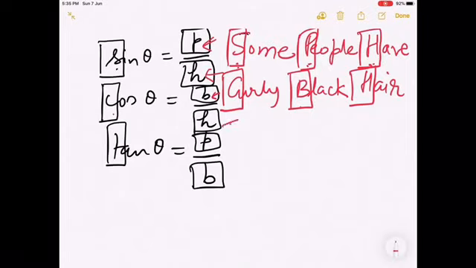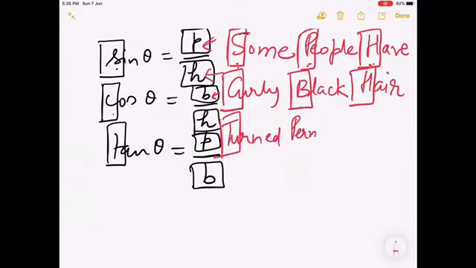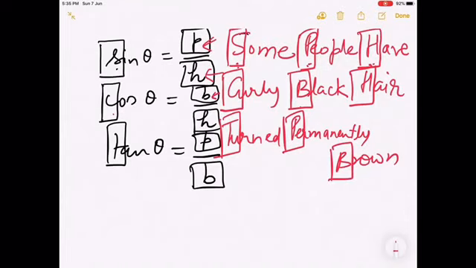So we write here "turned". T. Now T has come denoting the tan. "Turned permanently brown". So we write here P and B. So this becomes tan theta is equal to perpendicular upon base. As we can see over here, we got P, we got B.